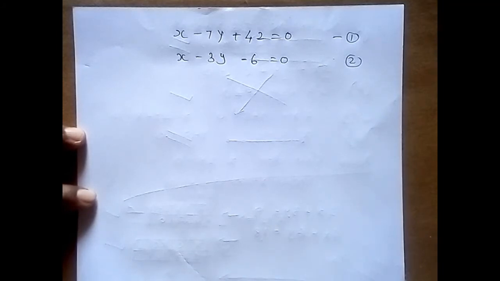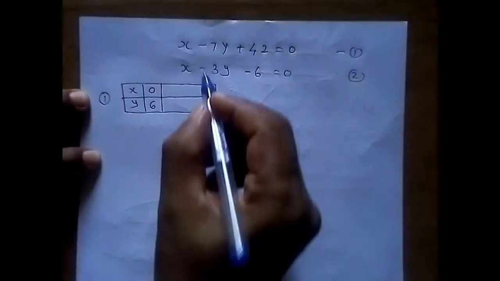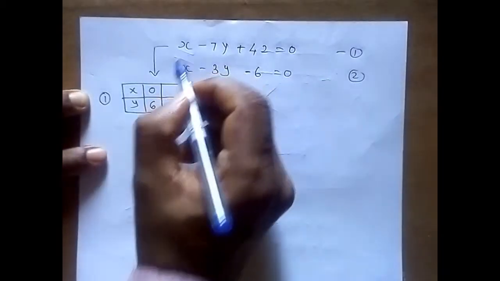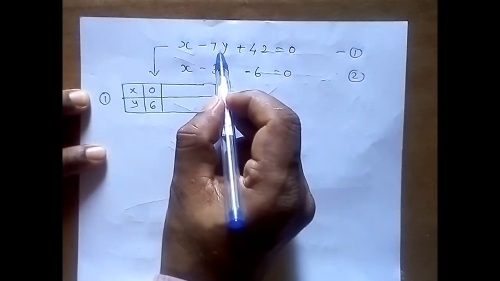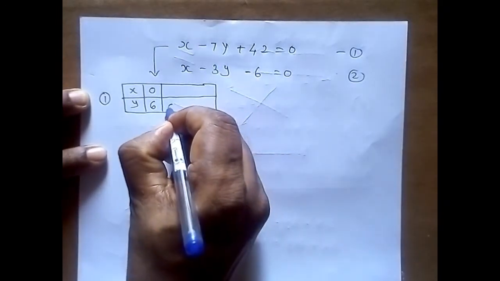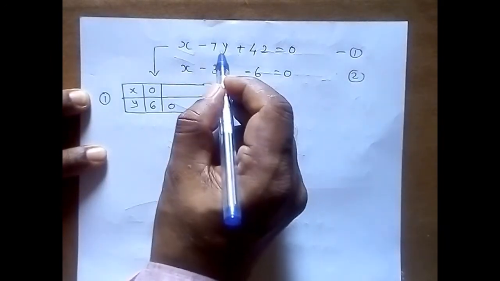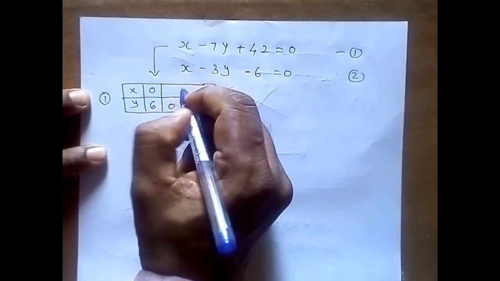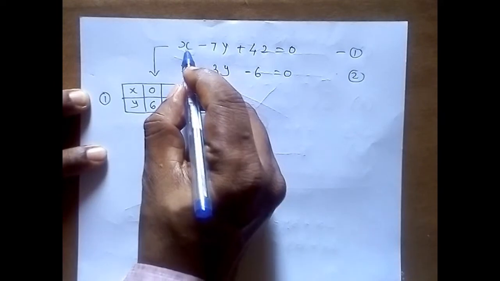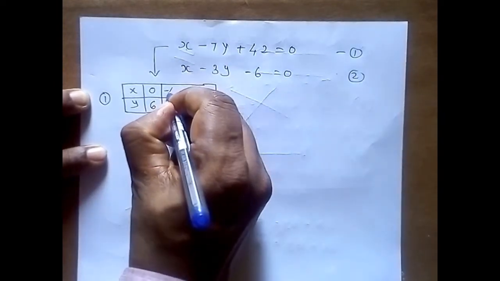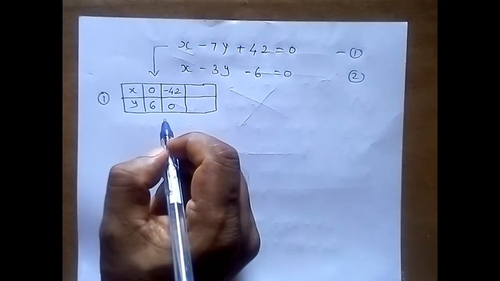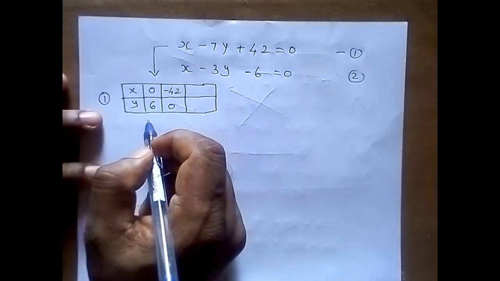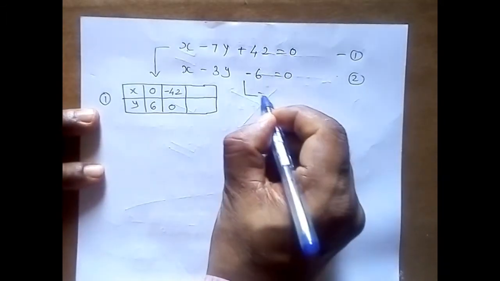Now we will try to represent this in geometrical form. So when x is equal to 0, y is equal to 6. When y is equal to 0, x is equal to minus 42. So we got 2 points so that we can draw the line geometrically. And what about this line?